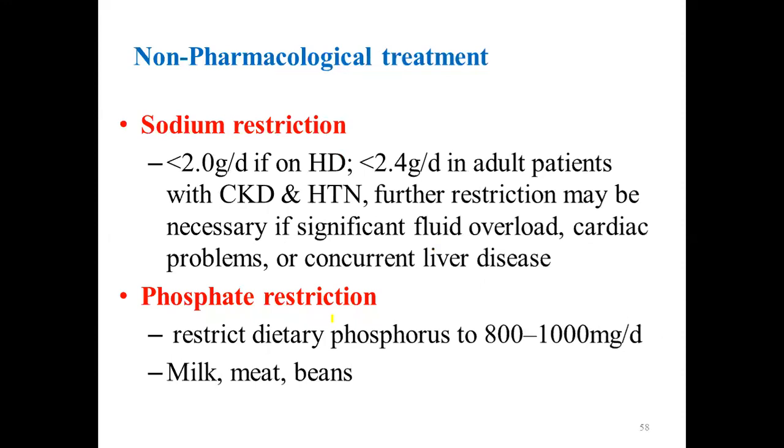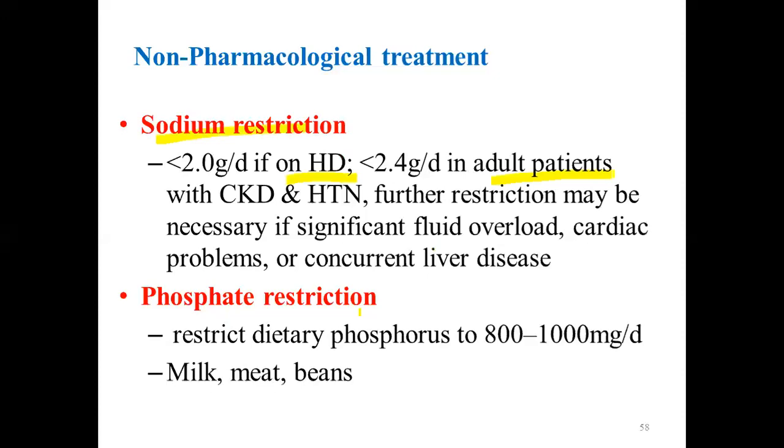Then sodium restriction. Why do we need to restrict sodium? Mostly less than 2 grams if a patient is on hemodialysis, or 2.4 grams if a patient has CKD with hypertension, because sodium can increase water retention, ultimately increasing the edema.